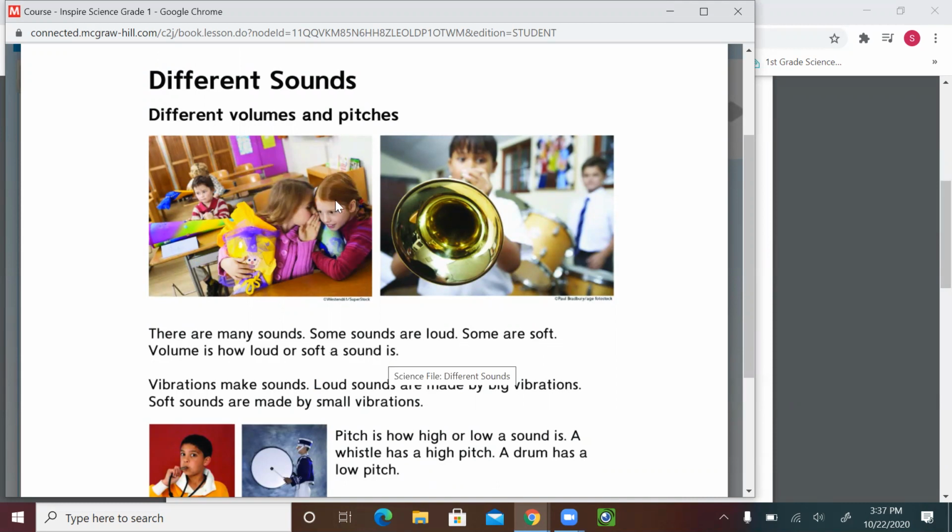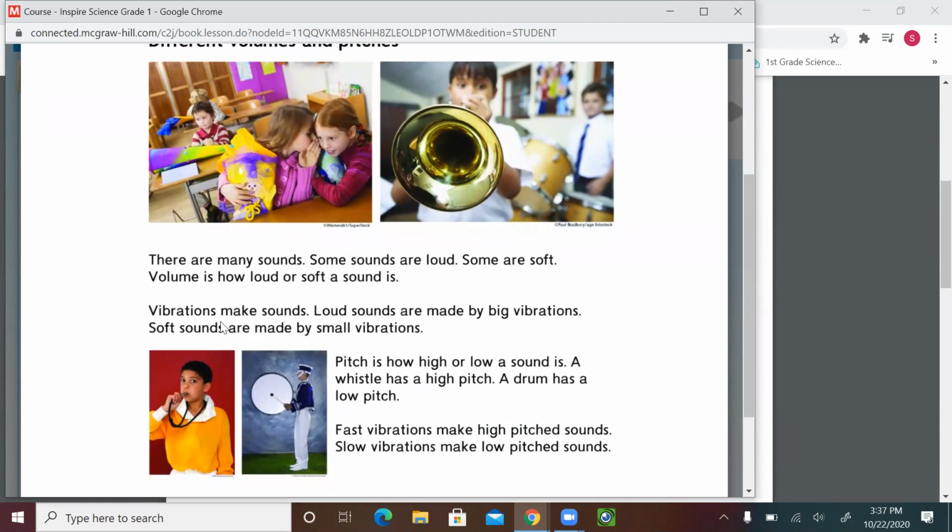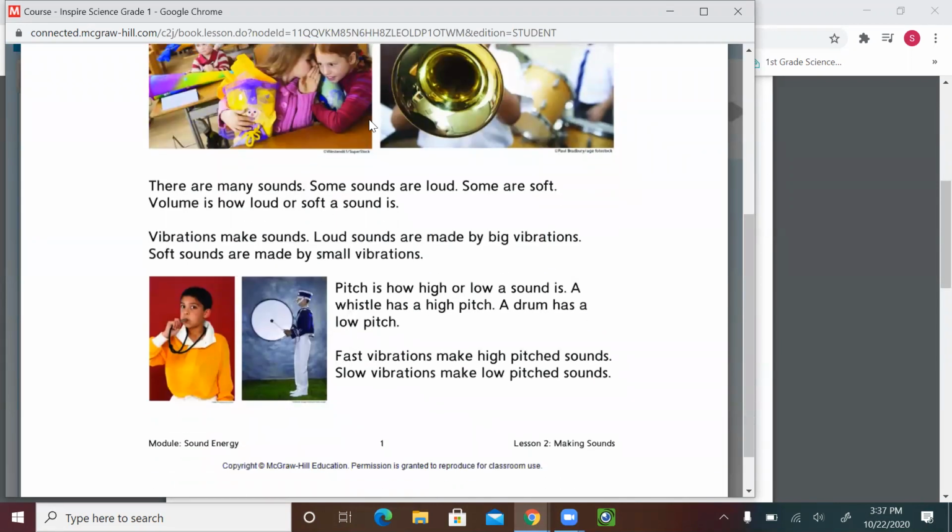So as you see in this part, the girl is whispering, so the volume is low. Vibrations make sounds. Loud sounds are made by big vibrations. So we know that, and we remember the experiment we did, or we watched the video with the tuning fork. Soft sounds are made by small vibrations. All right. Now, as you see here, soft sound or whispering, that means you're making soft sound or low sounds.